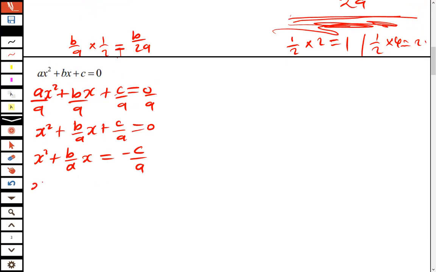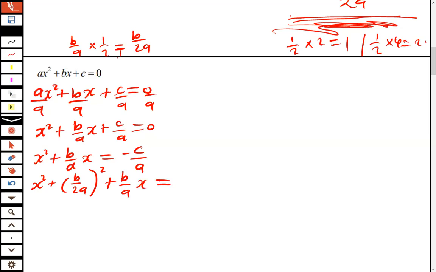So I'm going to say x squared plus, and then this part here I'm going to write half of b over a, that is simply b over 2a. I'll put it this side and then square it, and then I have this b over a, x.